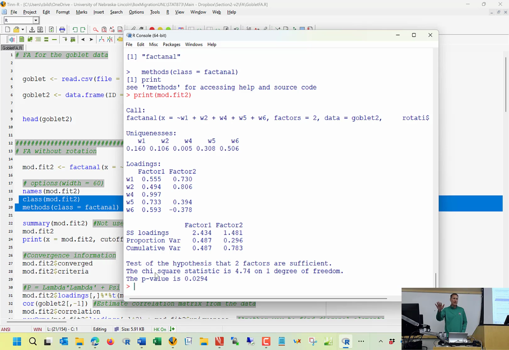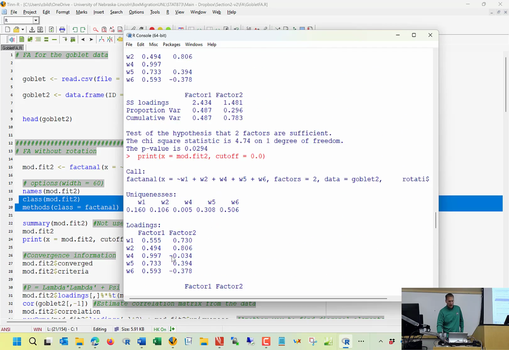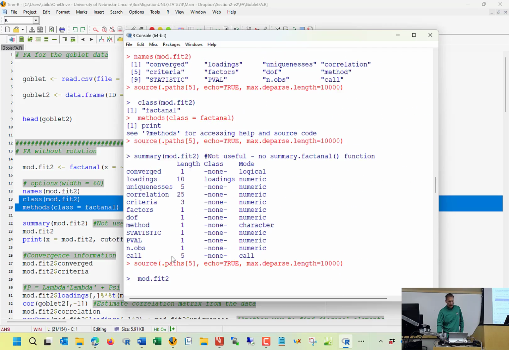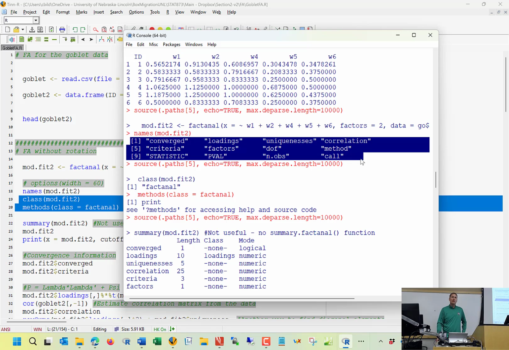If it doesn't, it will actually run what in this case will be print.default. And what will happen if, let's say, this print did not exist, it will actually list off all the numerical values corresponding to the 12 different components of this list.